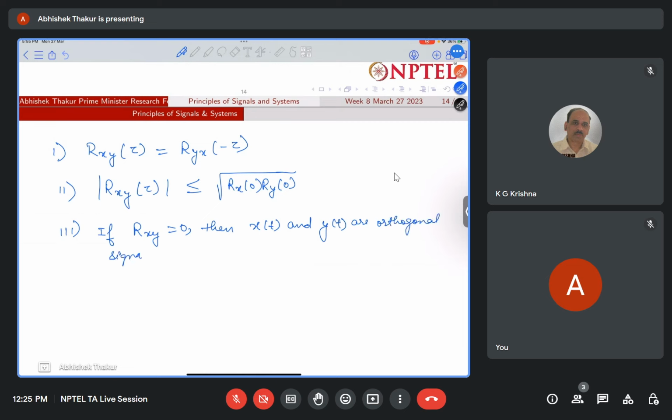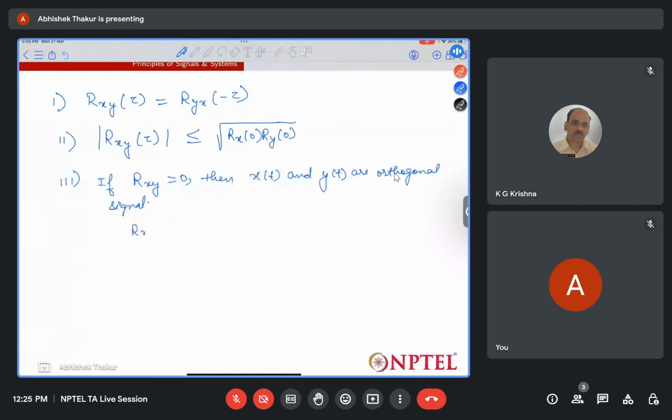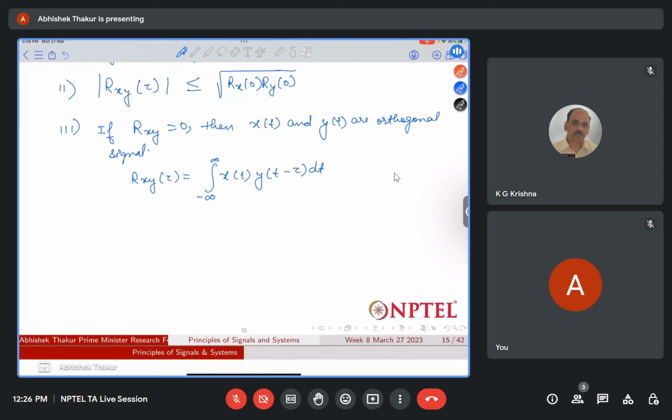signals. So here we can see the proof also. Rxy of tau is given as the integral of x(t) y(t minus tau) dt. So when we substitute tau as 0, we get the integral from minus infinity to infinity of x(t) y(t) dt.